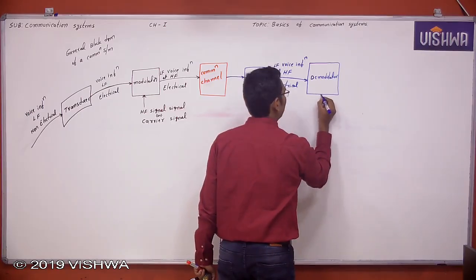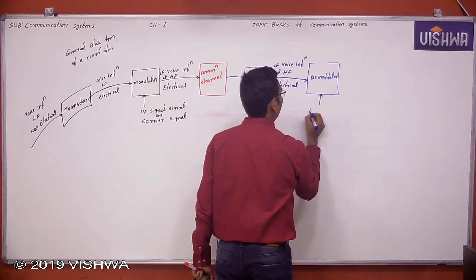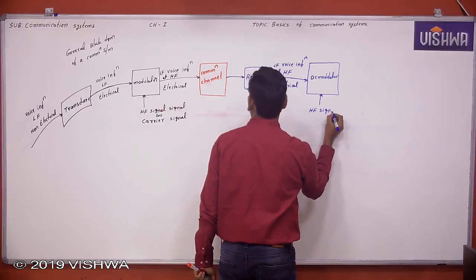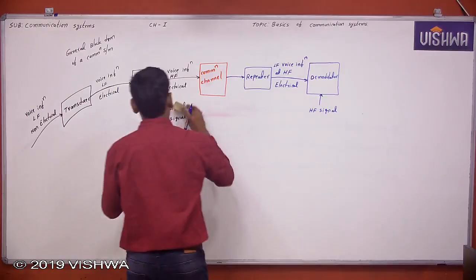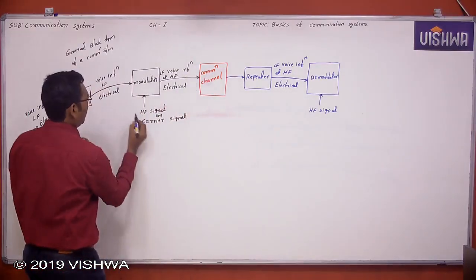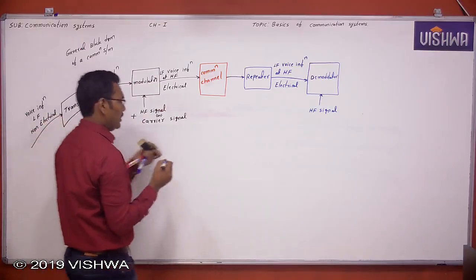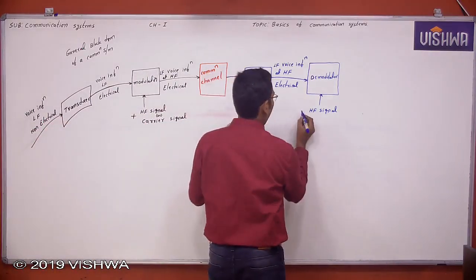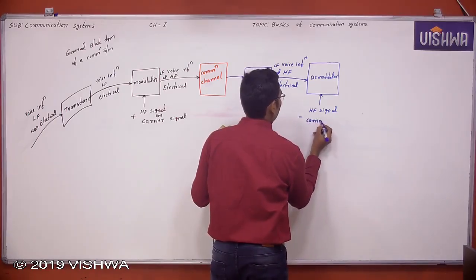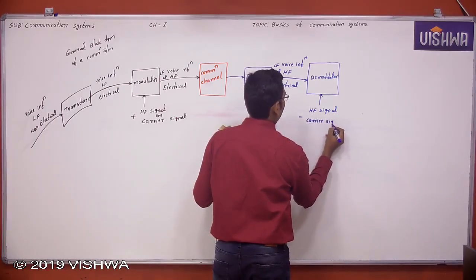Whatever high frequency we used, now you remove that same high frequency signal. Here you take the help of the high frequency, and here you remove the high frequency signal. This is the high frequency signal, which is called the carrier signal.